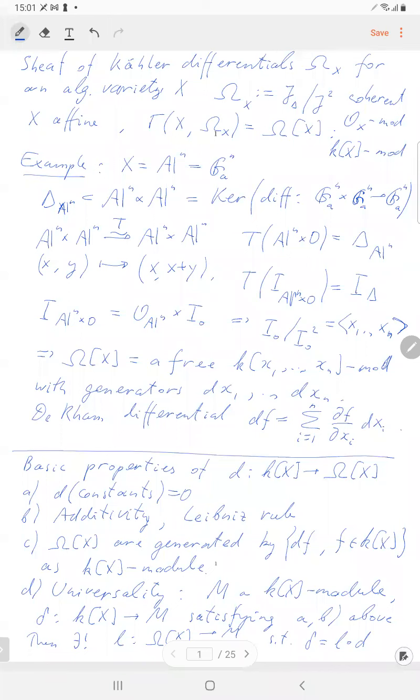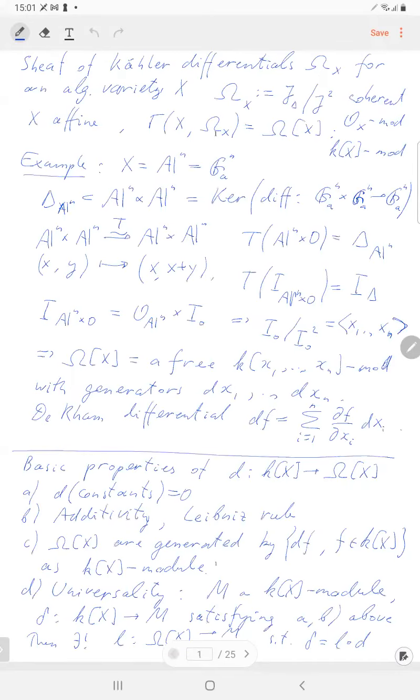And then you can take the difference. This difference will vanish on the diagonal, so it will lie in the ideal of the diagonal, and then just take its value modulo the square of this ideal of diagonal. Okay, thank you. This was the definition of the Kähler differential.